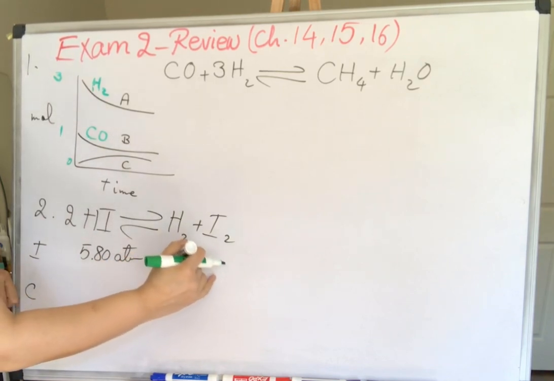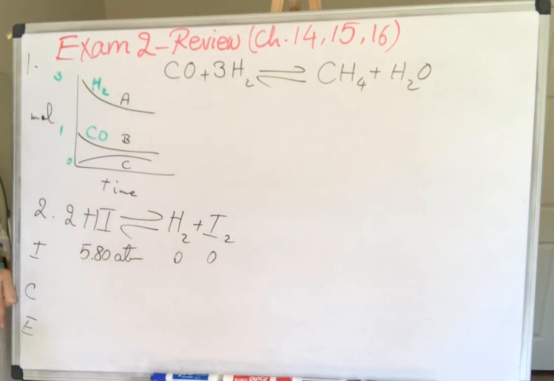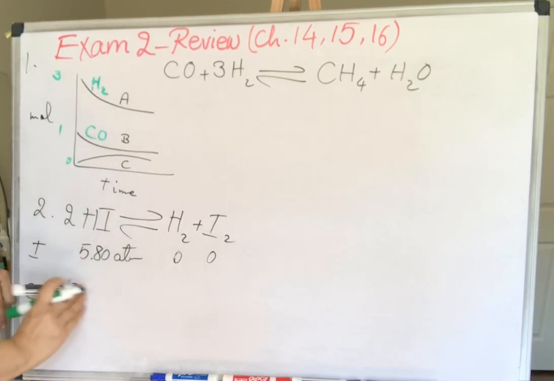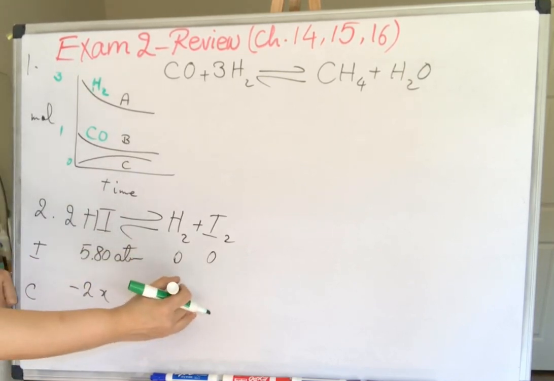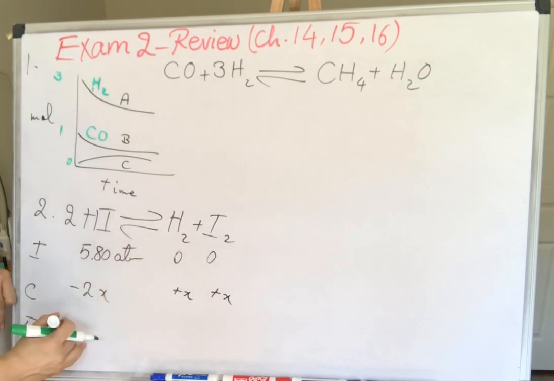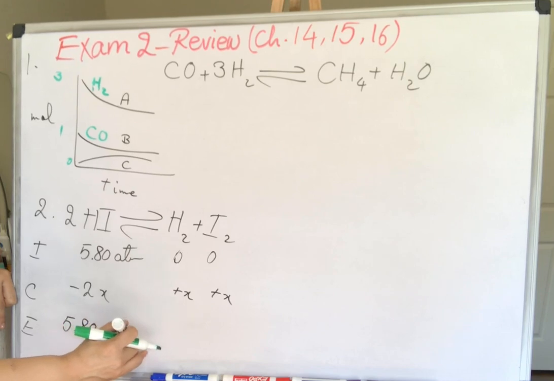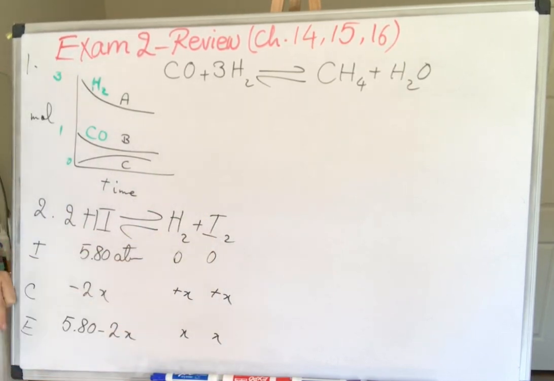So at the beginning you don't have anything, right? No pressure for the products. And during the change you have minus 2x, correct? Because of the coefficient. And then you have x added to H2 and I2. So at the end you have 5.80 minus 2x, and for H2 and I2 you have x.